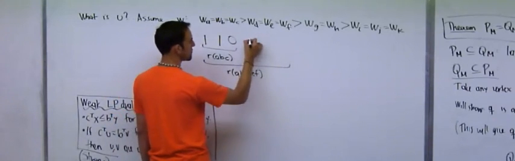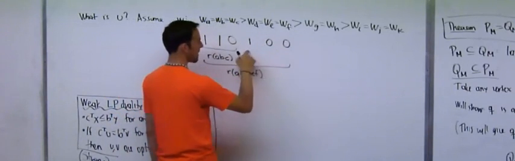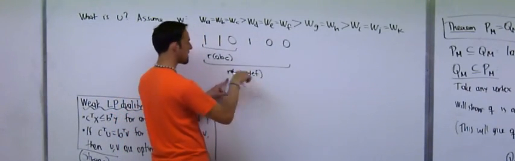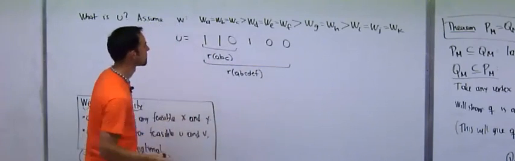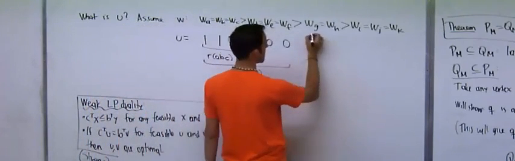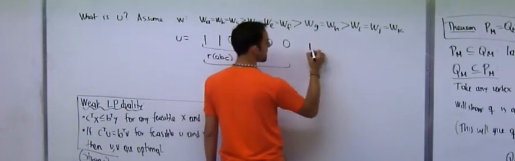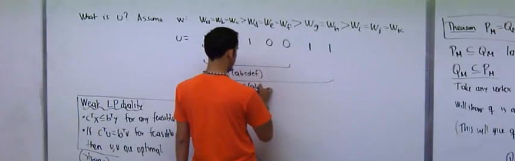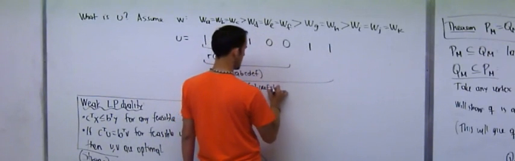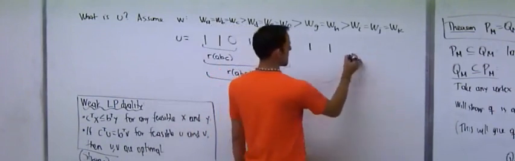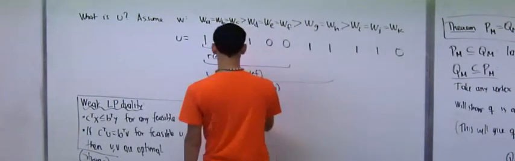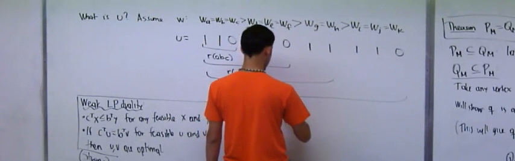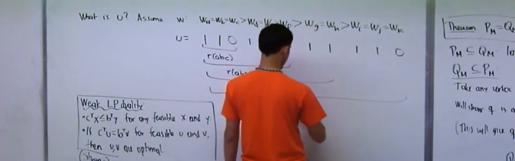And so I just put as many ones here as I can, and the number of ones that I can put is exactly rank of A, B, C, D, E, F minus rank of A, B, C. And I continue doing this, so maybe I take as many of these as I can. And the number is given by rank of A, B, C, D, E, F, G, H. And then I take as many ones as I can here. And the number of them is rank of A, B, C, D, E, F, G, H, I, J, K.